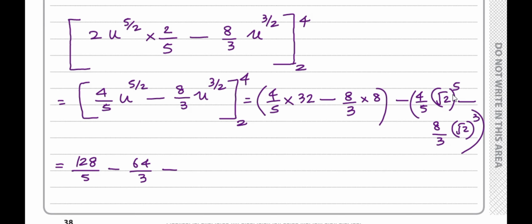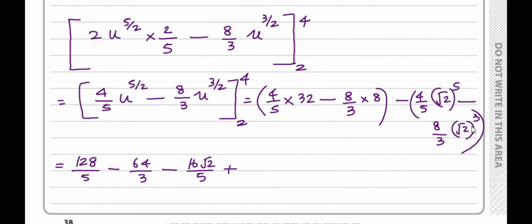Square root of 2 to the power of 5 is 4 root 2. That means 16 root 2 over 5. Then minus times minus is plus 8 over 3 times root 2 to the power of 3. Root 2 to the power of 3 is 2 root 2. Therefore, it is 16 root 2 over 3.